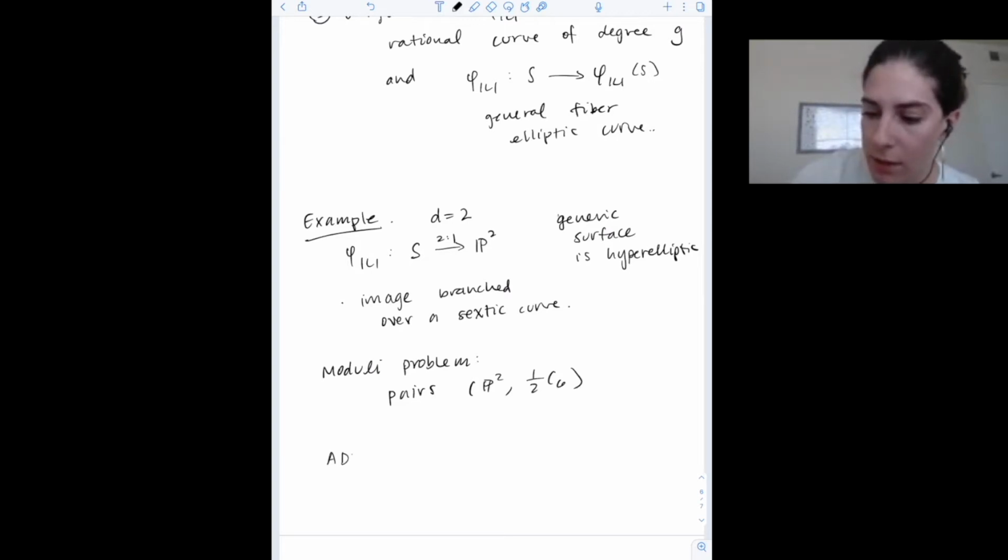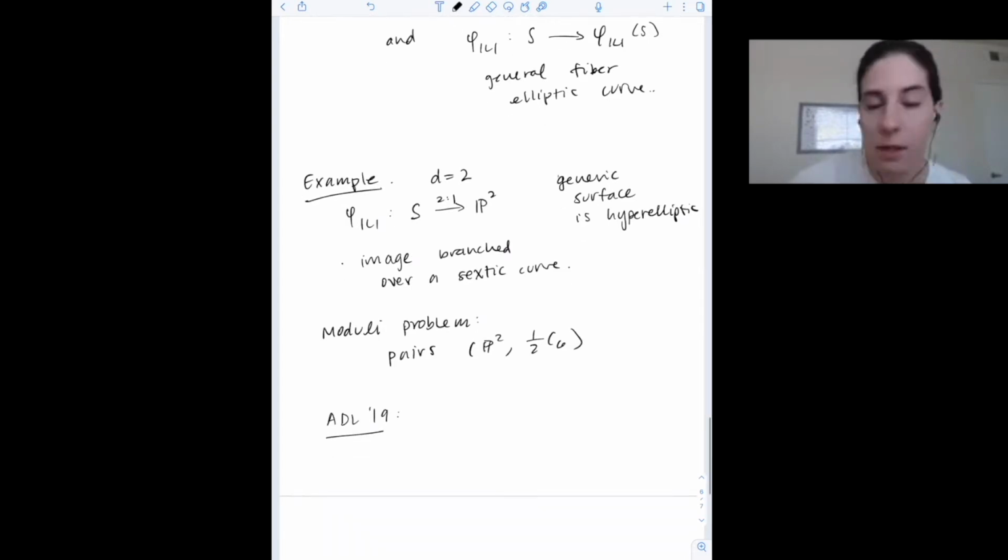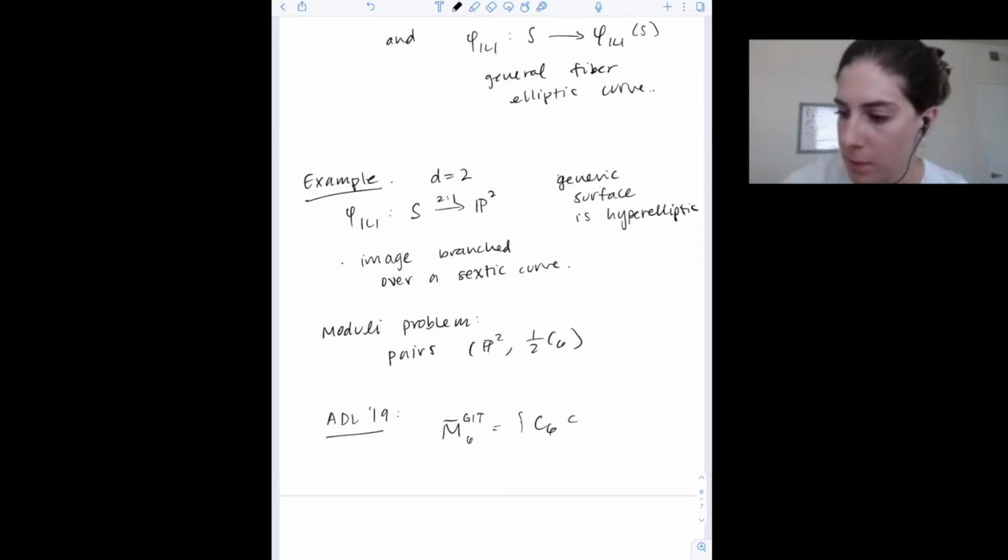In my first work with Kenny and Yuchen, we studied moduli of plane curves from the viewpoint of K-stability, and we can define a few different moduli spaces. You could look at the GIT moduli space of degree 6 curves. This would be a curve of degree 6 in P^2 that is maybe GIT semistable.